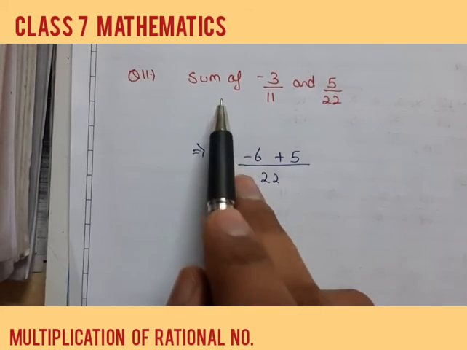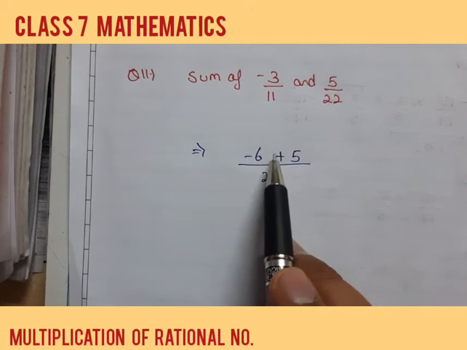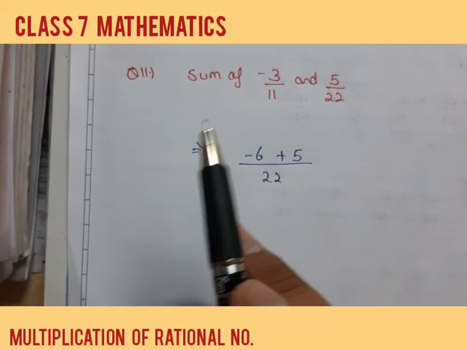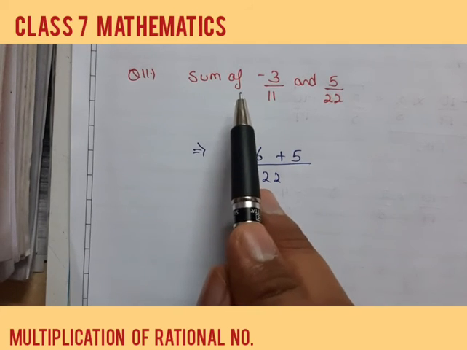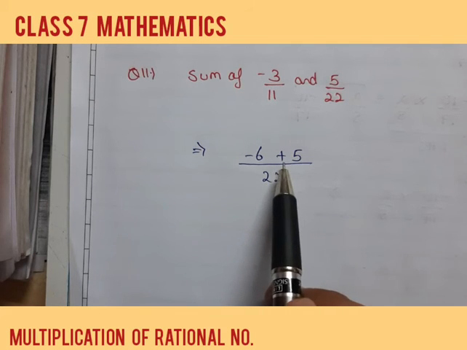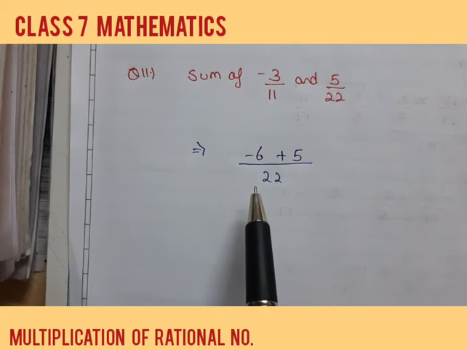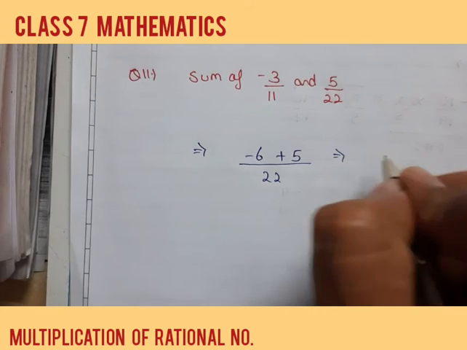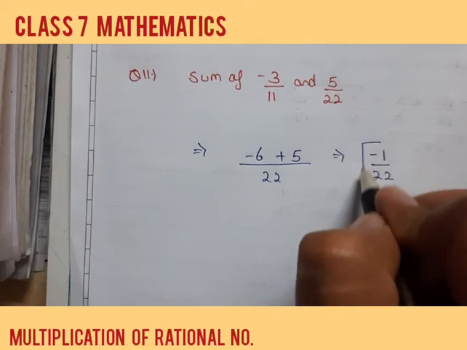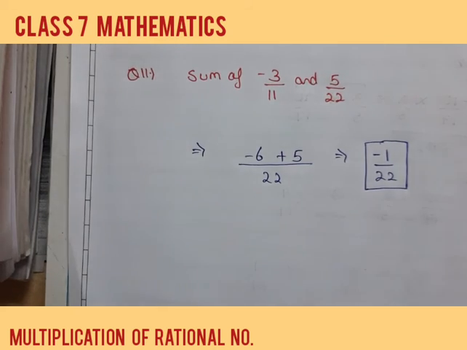Since we need to find the sum, we are writing the mathematical operator of addition. If in the question they had asked for the subtraction, then instead of addition we would have written subtraction here. So minus 6 plus 5 is equal to minus 1 upon 22. Now this is our first part.